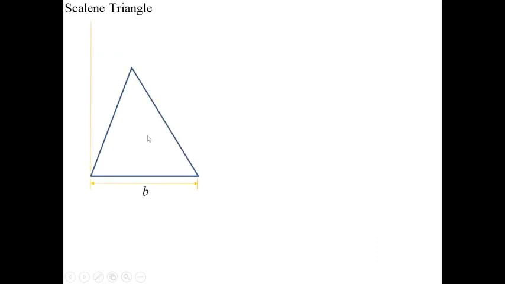So, kung meron kang scalene triangle, okay, so, ito yung kanyang base, ito yung kanyang height. Okay, BA. So, ang area ay pareho lang ng isosceles, 1/2 BA. So, tapos consider natin yung distance na to, mula sa origin hanggang doon.